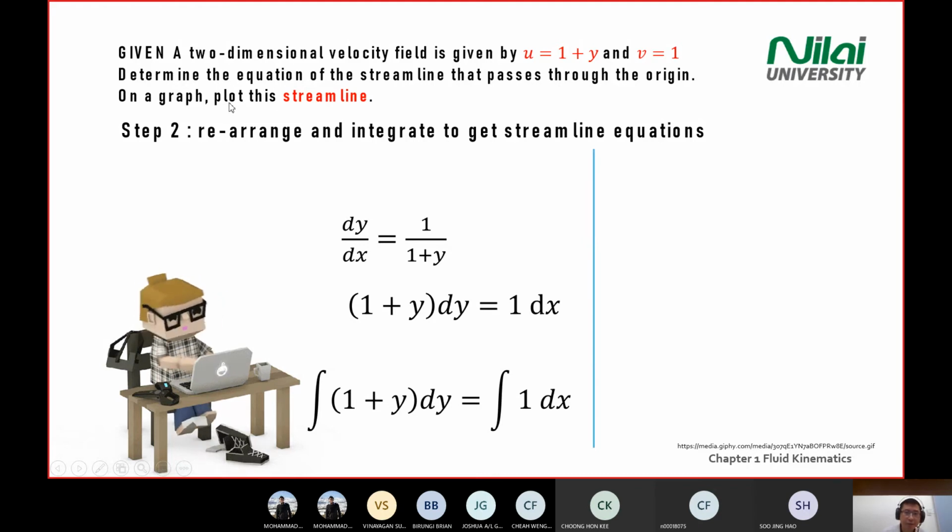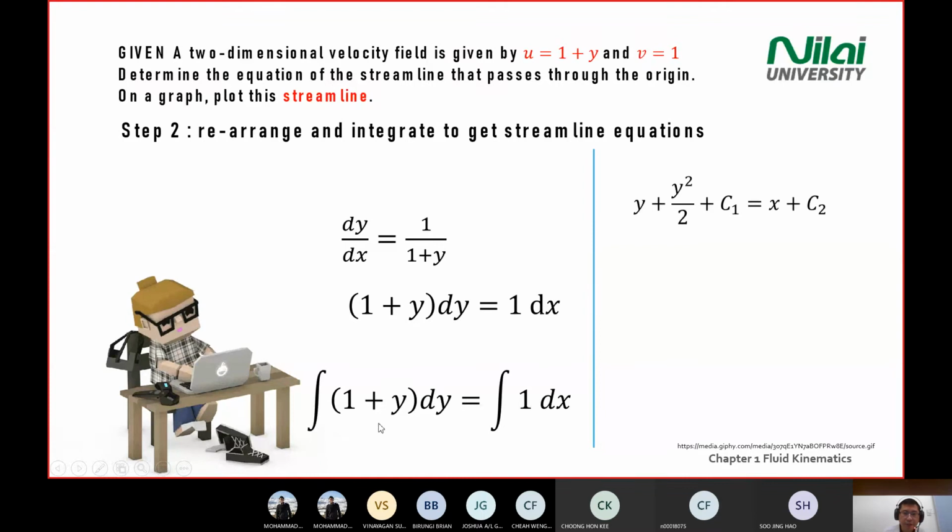Later on, you will see more complex cases where you are given the boundary condition, where your integration sign has point A, point B, or from 0 to 2 or 0 to 5. In this case, we are still using the general equation with the constant value.